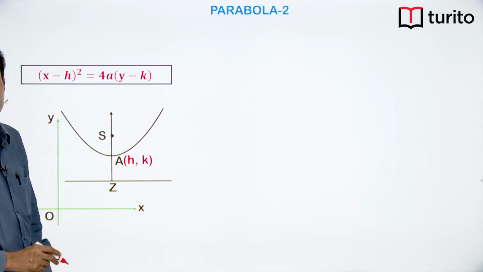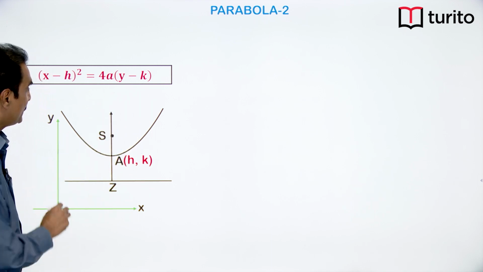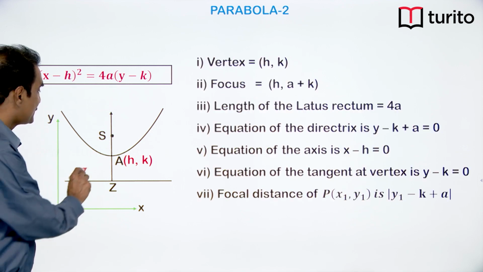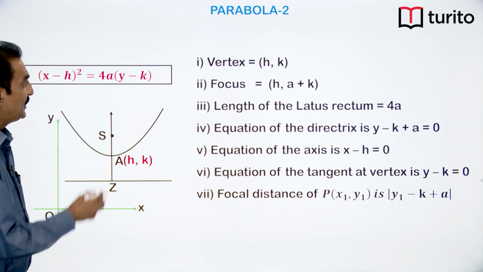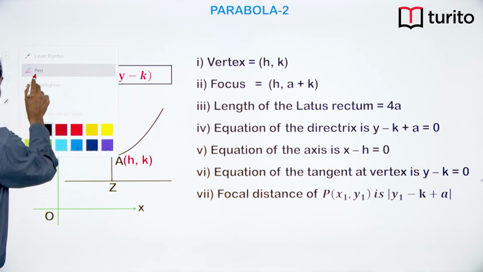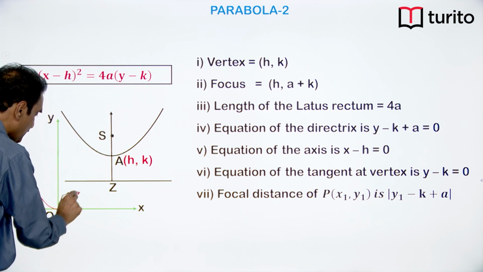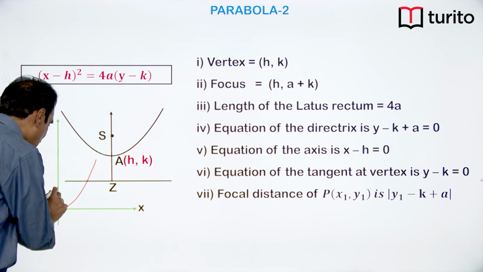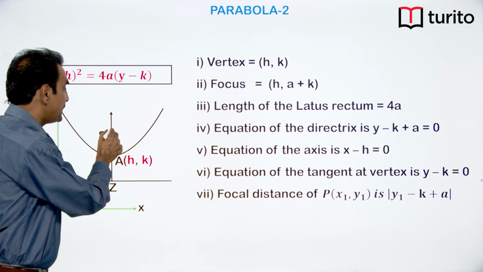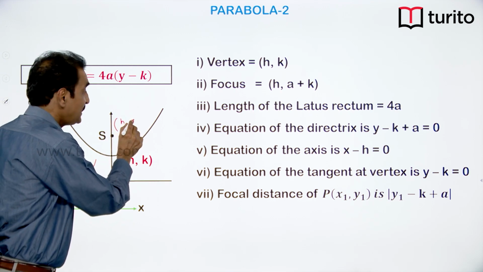X minus h whole square is equal to 4a into y minus k, if the parabola is like this. What are the characteristics? Vertex h comma k. Focus of the parabola in the original position is 0 comma a, and adding h and k to the coordinates, this focus will be h comma a plus k.